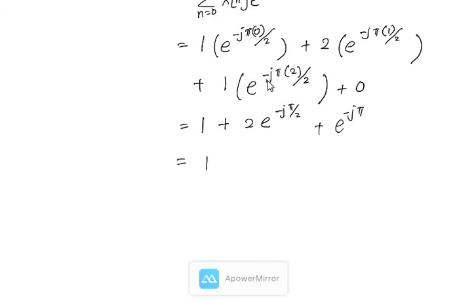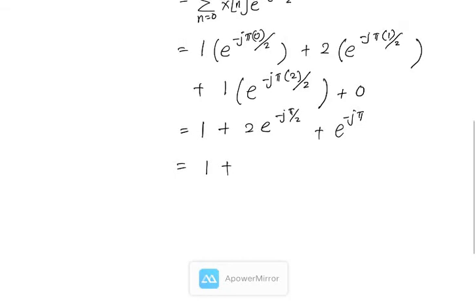So now we have 1 plus 2 exponent minus j pi over 2. What is the answer? How do you get the answer? Actually, you can get the answer by converting it using the Euler formula. Do you know what the Euler formula is?